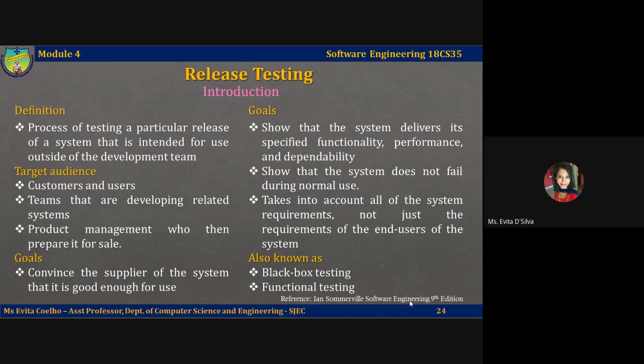Release testing is also known as the black box testing process. Here, tests are derived from the system's specification. The system is treated as a black box whose behavior can only be determined by studying its inputs and related outputs.